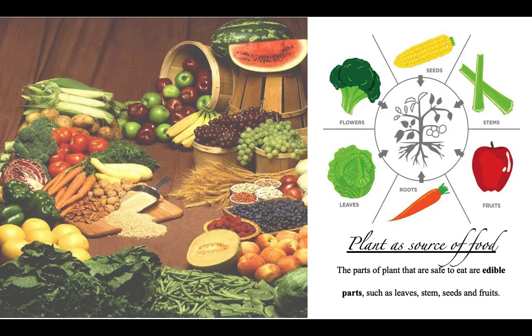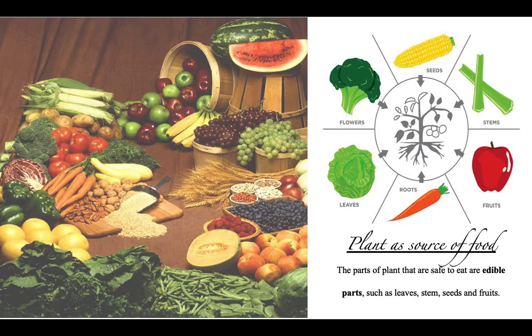Now, these parts of a plant that are safe to eat are known as edible parts, which include leaves, roots, stems, seeds, and fruits of a plant. It can vary from plant to plant. For example, spinach and lettuce are some of the leaves of the plants that we eat.